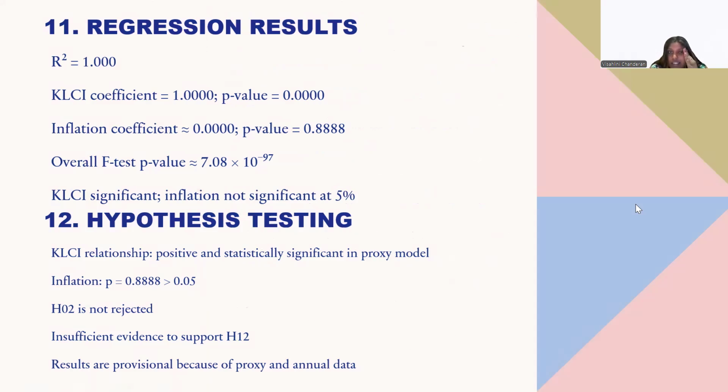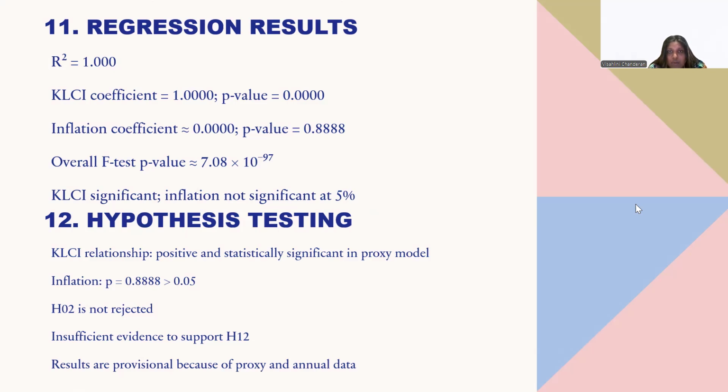The proxy regression produces an R squared of 1.000. The KLCI coefficient is 1.0000 with a p-value of 0, indicating a statistically significant positive relationship in the proxy specification.